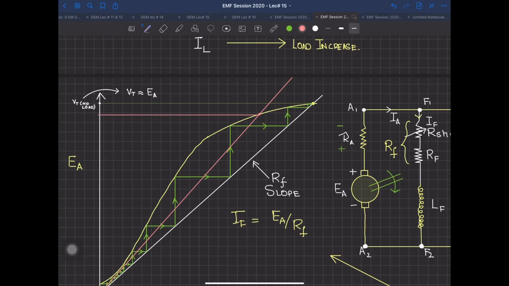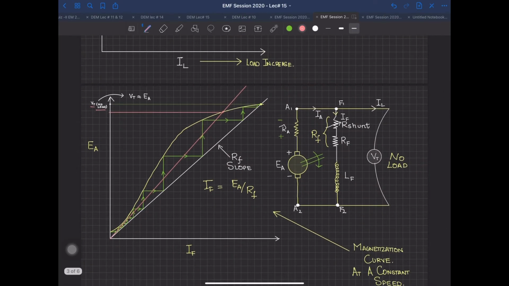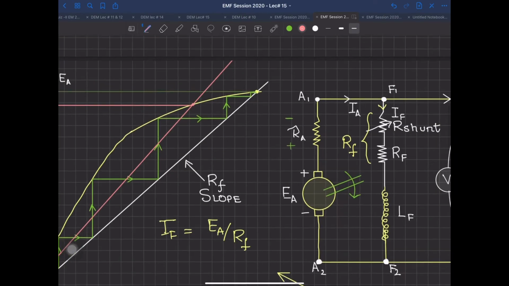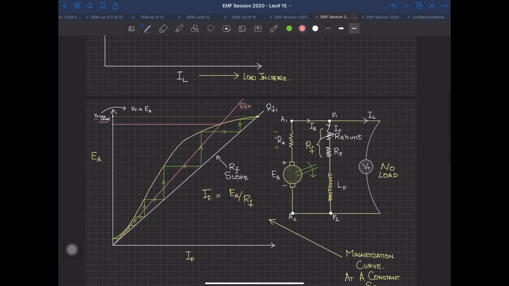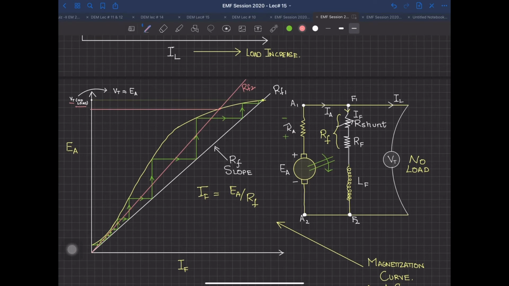So this is going to be the point at which VT at no load is equal to EA, the official voltage, because it is already working at no load. This is the point when you have fixed it at RF. Supposing I call this one RF1 and this one RF2, the slopes are telling you that RF2 is a steeper slope.